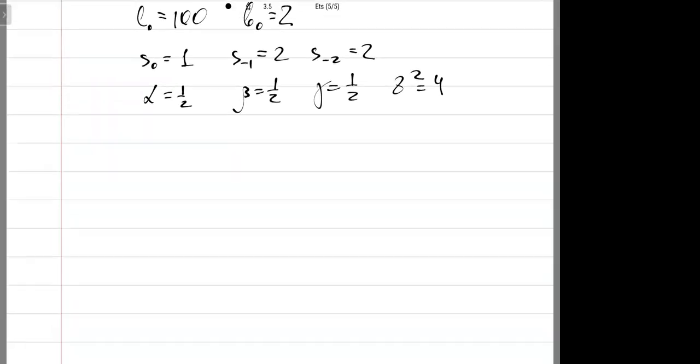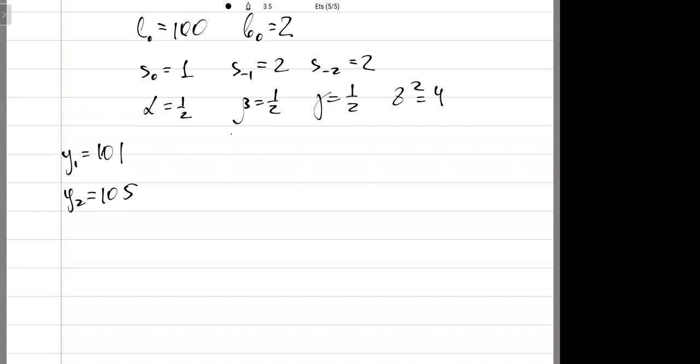And imagine you have y1 that is 101, y2 is 105.